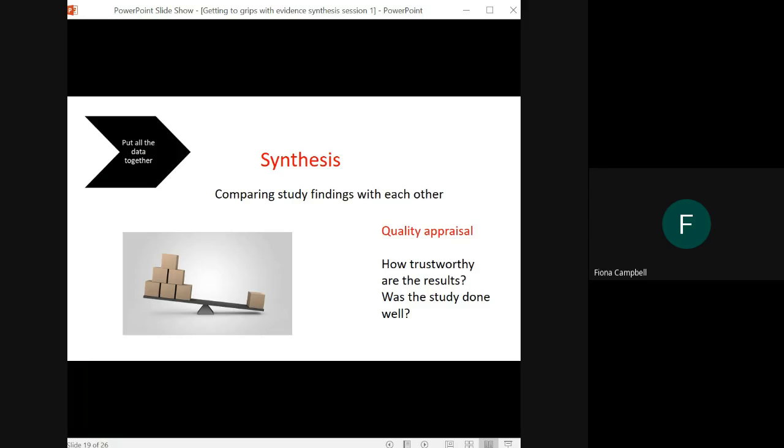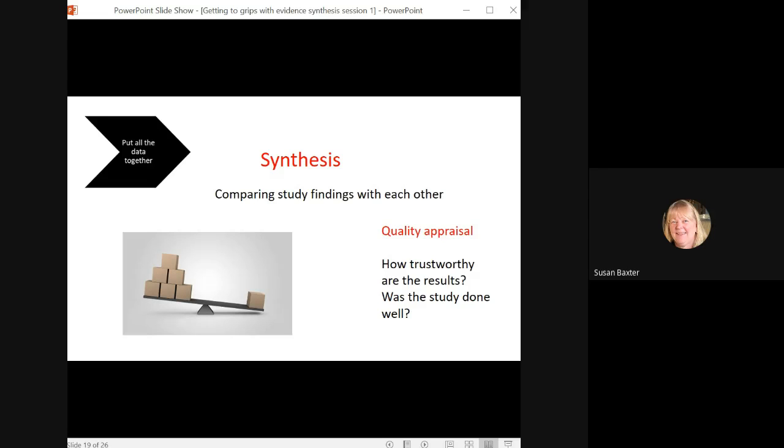So what we do in a quality appraisal is we try and find those studies which may have been biased. So bias is the equivalent to a rotten fruit in research, and we try and identify where we've got that rotten fruit, where we might be introducing bias, and we've got different ways then of trying to look and see what effect that's having on our overall findings. So that's the process of quality appraisal. It's really integral to our synthesis process.